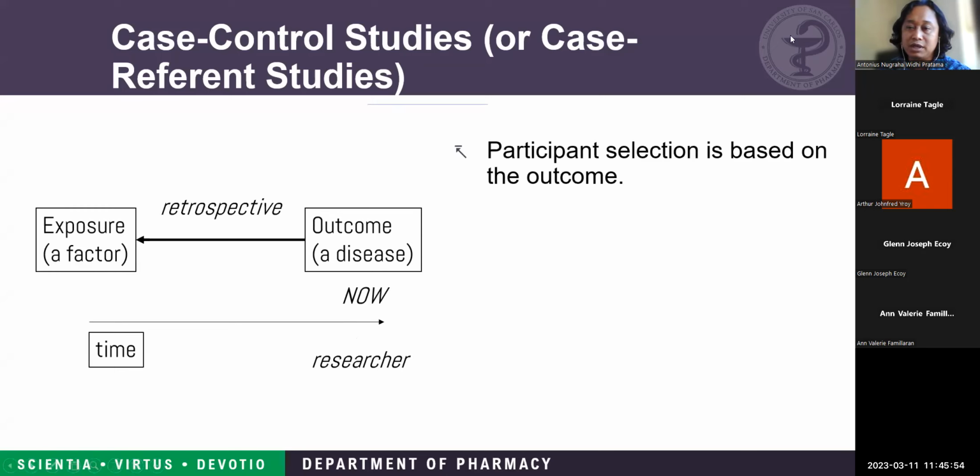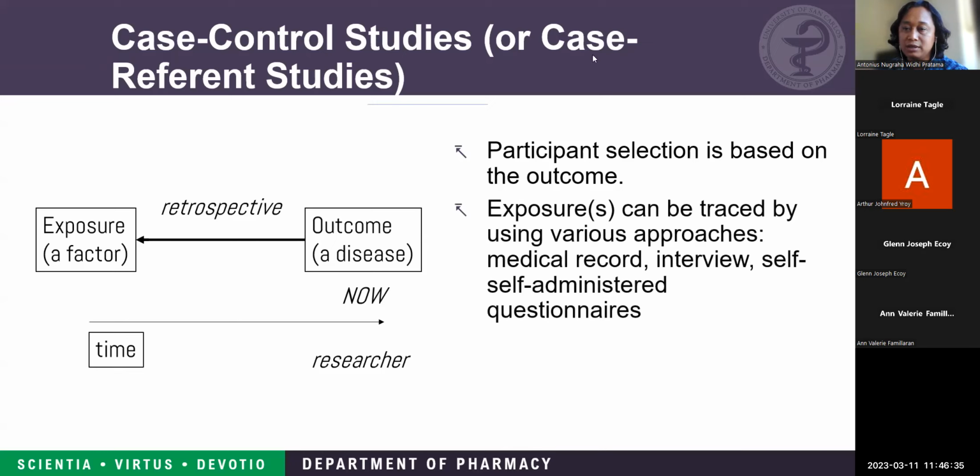And then participant selection is based on the outcome. The participants must have a similar outcome. It is sometimes quite tricky, and that's why the operational definitions of the outcome need to be very clear, to eliminate the possibility of, I don't know what is the correct word, contamination of the data.